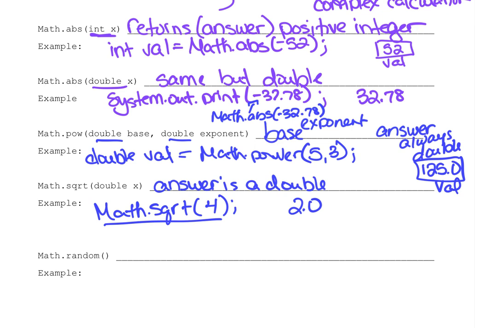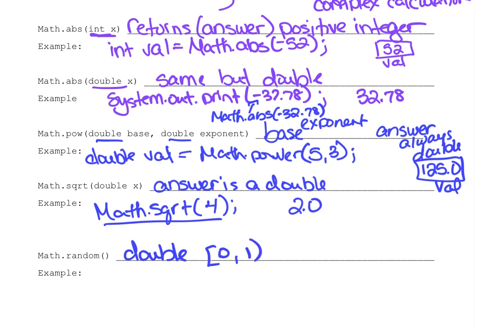Okay, math.random. This is where we're going to start seeing random numbers. Math.random generates a random number, a double, so it's always a decimal value, between 0 and 1.